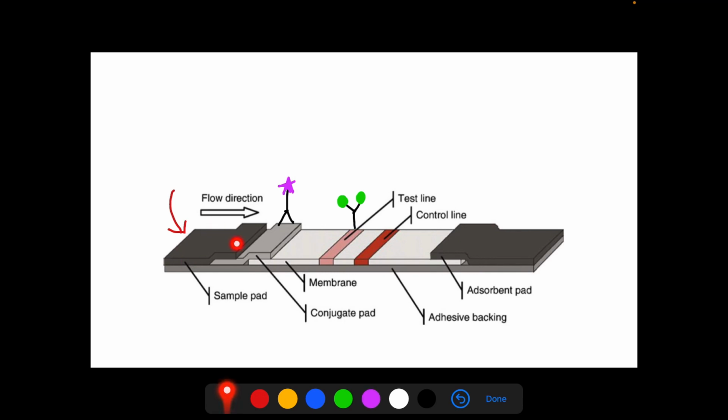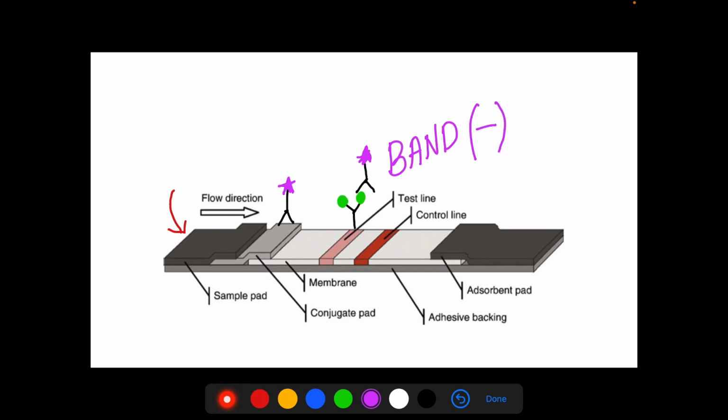Because we don't have drugs here, the antibody binding site of this labeled antibody will be free. As it migrates toward the T zone, this binding site will be occupied by the immobilized drug. So there will be a formation of a rose pink band. This will be a negative drug test result.